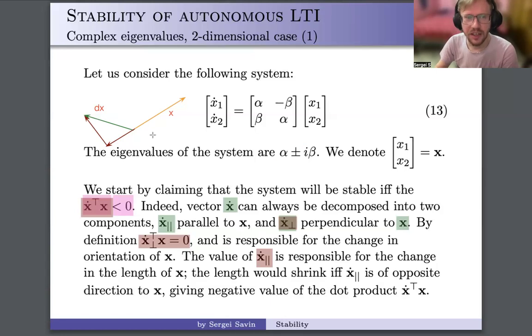You can see it on this picture, right? This component is x dot parallel. If it looks in the opposite direction of x, as you integrate it, x will shrink. If they look in the same direction, x will grow, right?